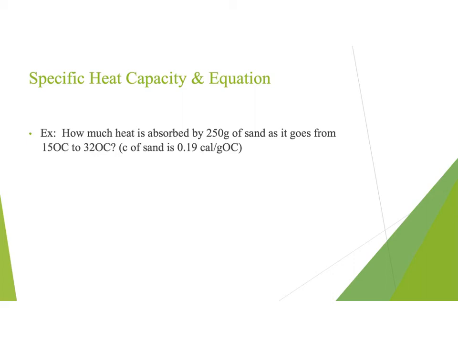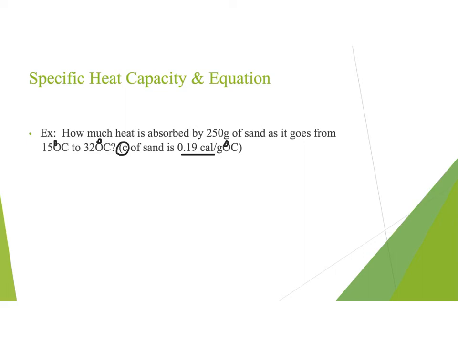The first example is: how much heat is absorbed by 250 grams of sand as it goes from 15 degrees Celsius to 32 degrees Celsius? The formatting got mixed up there. Remember, we also need to know the C, the specific heat of sand, and here we're given it in calories, 0.19 calories per gram degree Celsius.